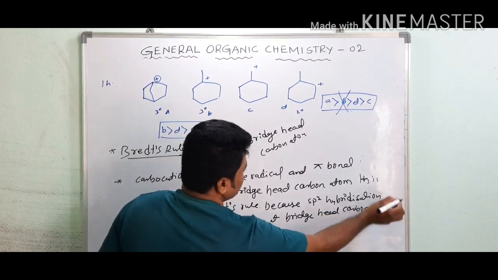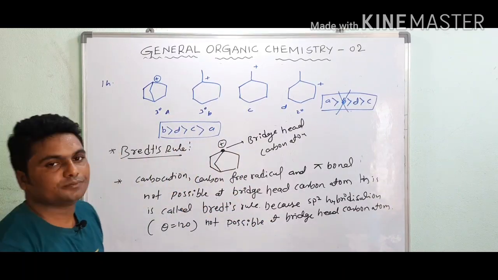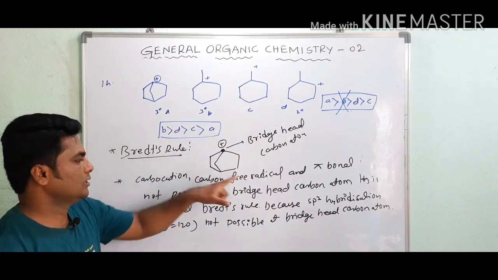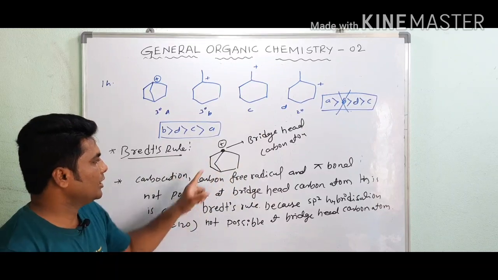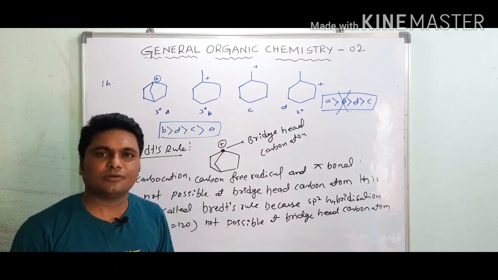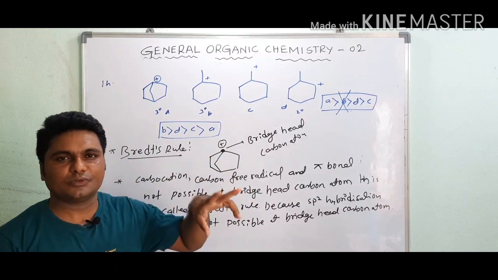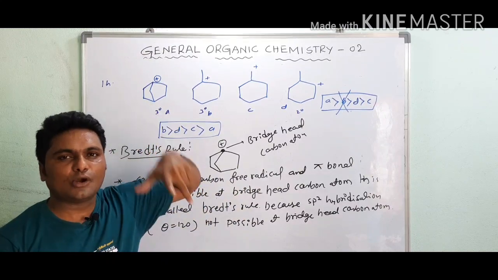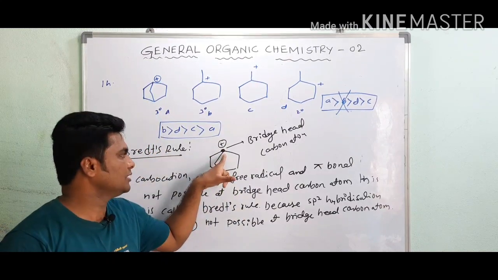So this is Bredt's rule. A positive charge or free radical or pi bond at a bridgehead carbon atom is highly unstable. Why? sp2 hybridization is not possible, because a 120 degree bond angle is not possible at a bridgehead carbon atom.